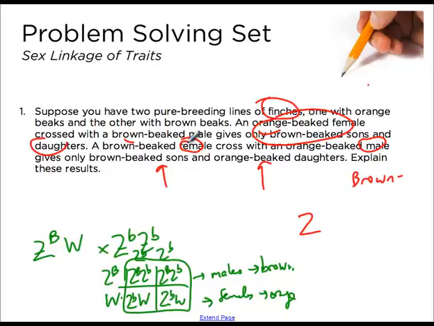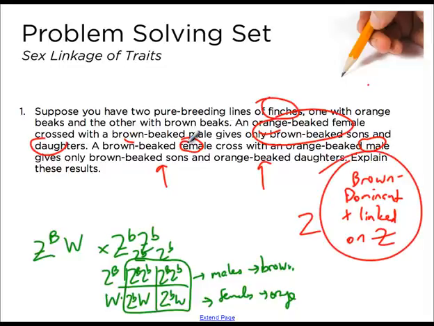If you just had 1 minute and the test was almost over, you could say brown is dominant plus linked on Z. That is the correct answer, and we did it in a little bit more detail than that, but that's what gets you started. You don't always get that, but in this case, it was a pretty good idea, and it turned out to be a correct idea.